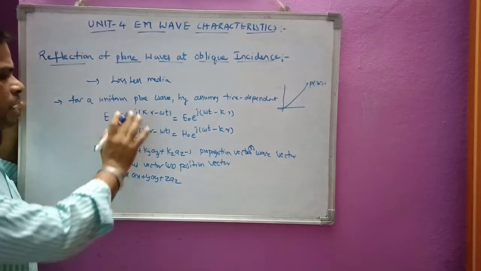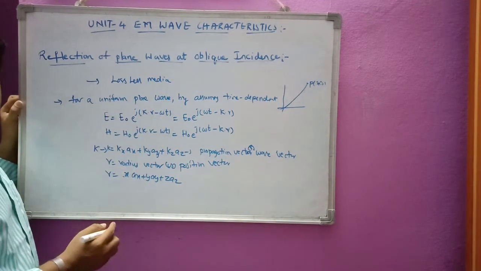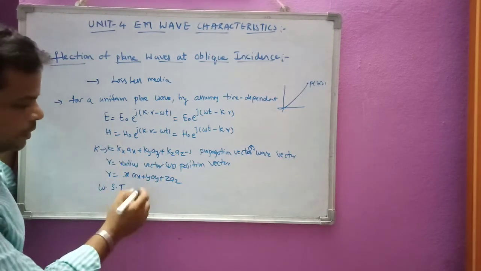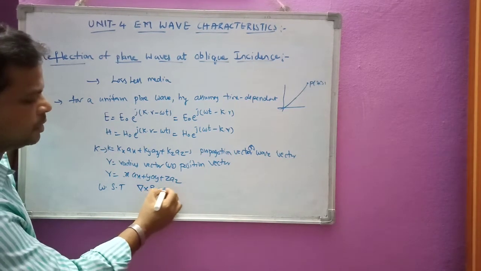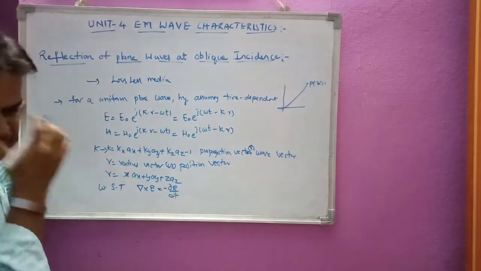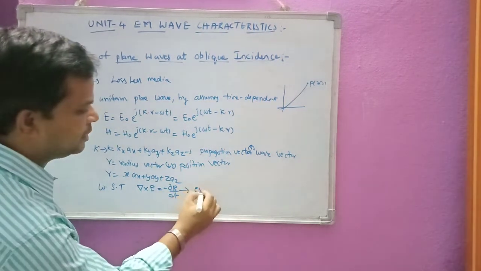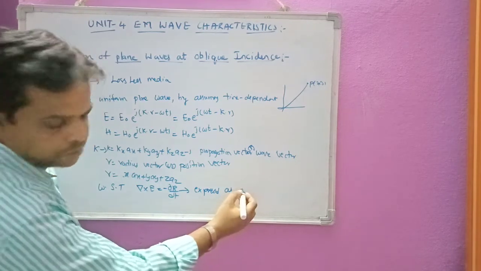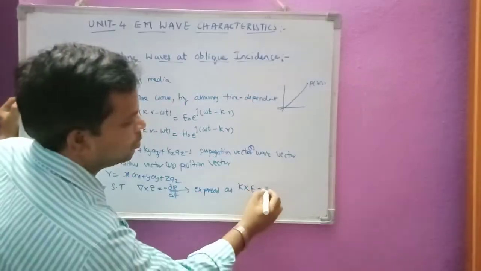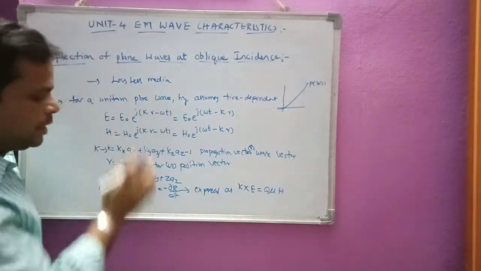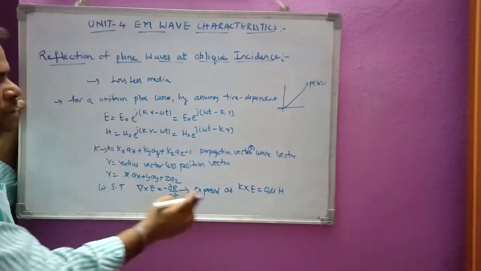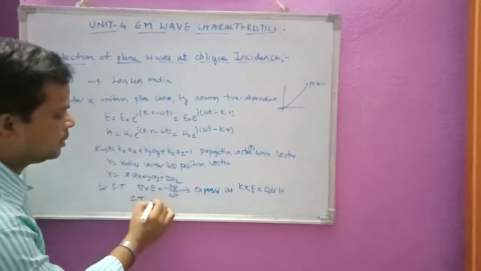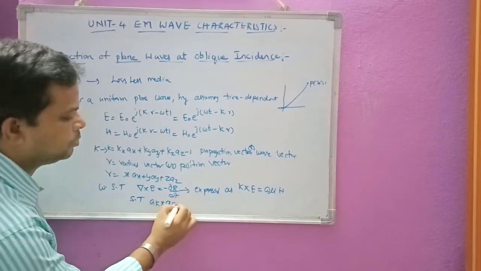Now by using these conditions, I am going to show the following: del cross E is equal to minus dou B by dou t, and this can also be expressed as k cross E is equal to omega mu H. By using these two sets of equations, we have to express this equation in terms of this one, and also we have to show that a_k cross a_E is equal to a_H.